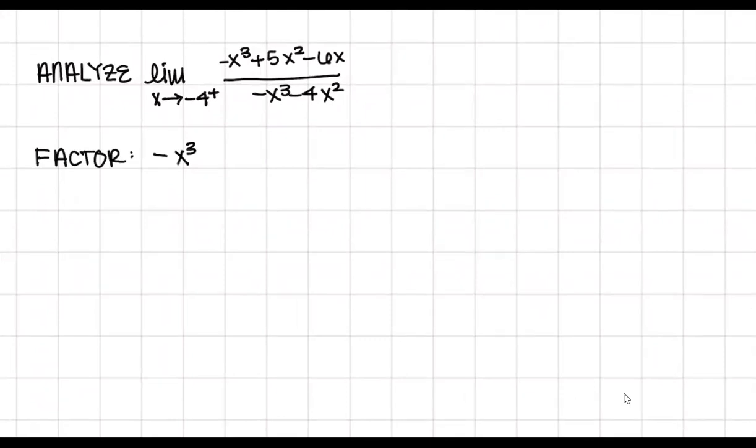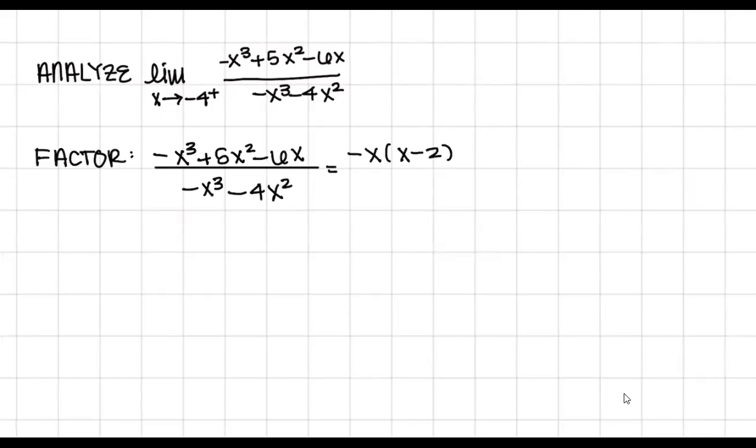Negative x cubed plus 5x squared minus 6x divided by negative x cubed minus 4x squared is the same as negative x times x minus 2 times x minus 3, all divided by negative x squared times x plus 4.